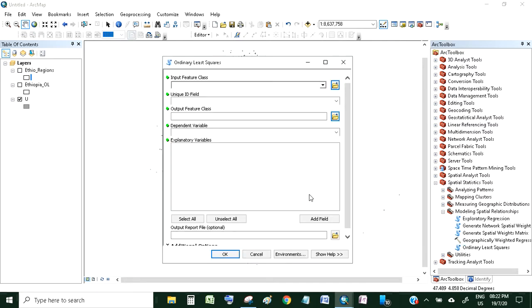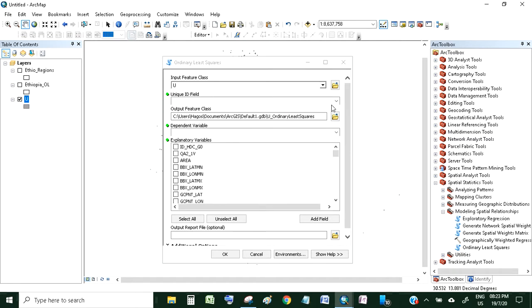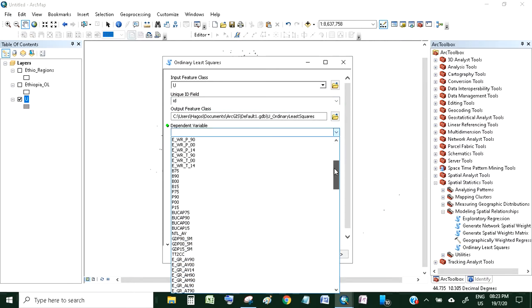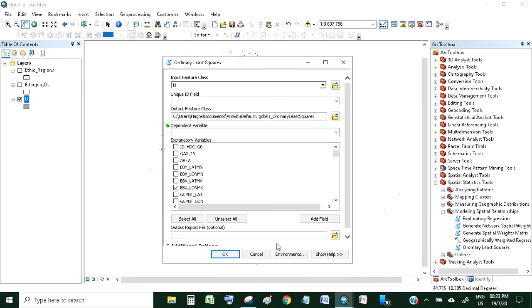Here in ordinary least squares, I will take the feature class, then I will give the unique ID. The dependent variable I will give here, that is the GDP data. In the explanatory part, I will give the population of 2015 to explain the GDP, and I will take the built up area 2015.